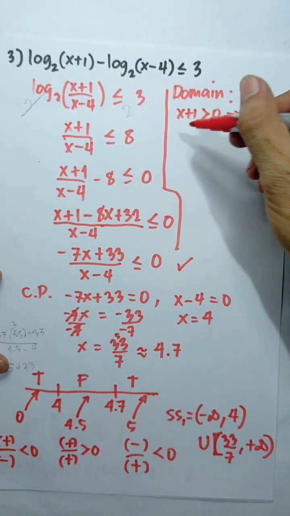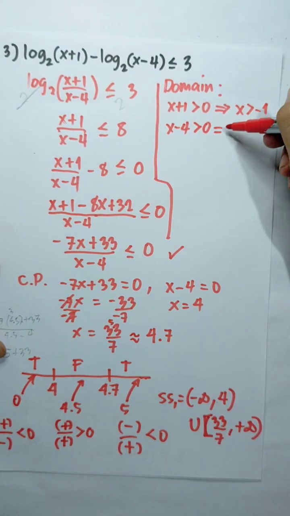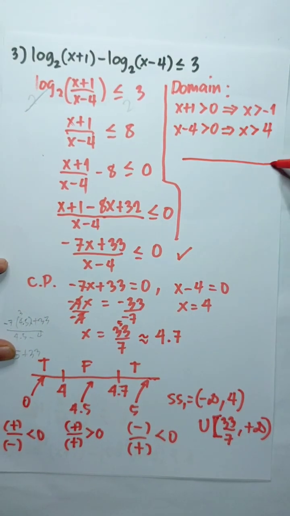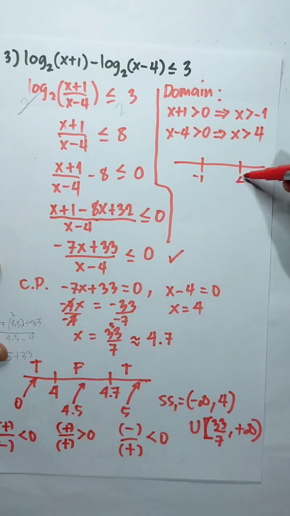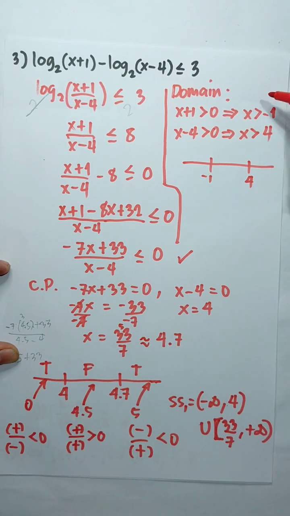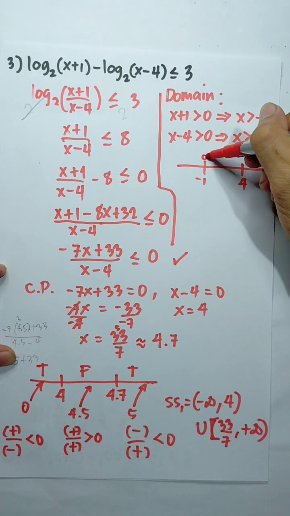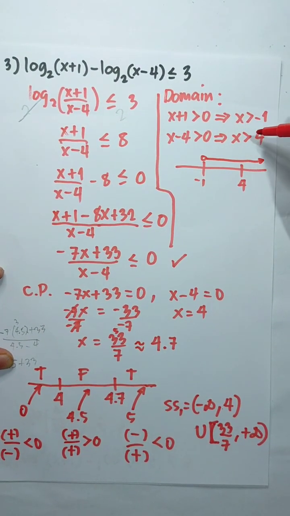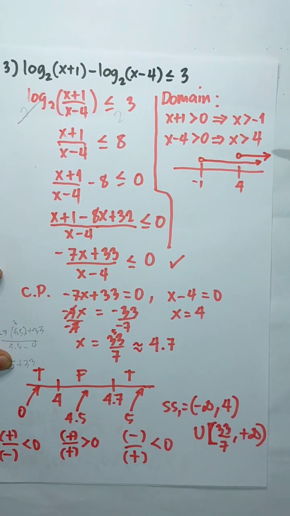And for this second term here, x minus 4 must be positive, so x is greater than 4. Now let's graph this, negative 1 and 4. We'll take the intersection of these two intervals. This one, x is greater than negative 1, so x is on the right side. And this one is greater than 4, so x goes to the right side again.